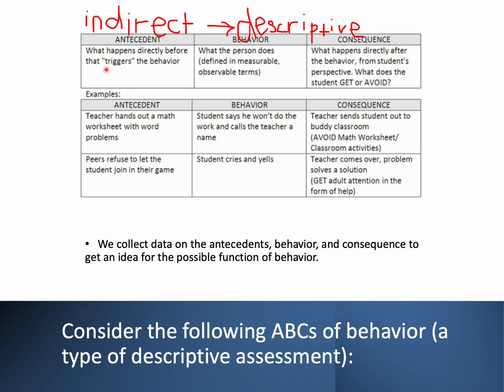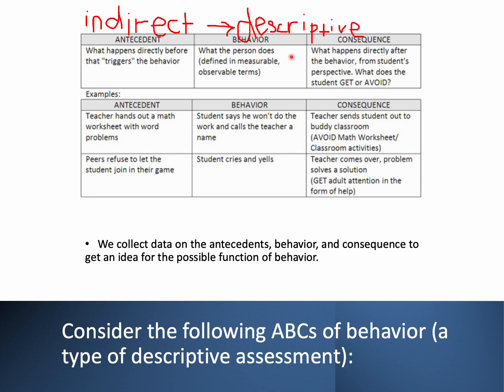The antecedents can be SDs, for example, that are signaling to us if we engage in the behavior now, then we'll get some form of reinforcement. And so the antecedents are in some way signaling that they could engage in the behavior. So we want to modify our antecedents in some way, but during the descriptive assessment process, all we're doing is collecting data on the antecedents of the behavior.